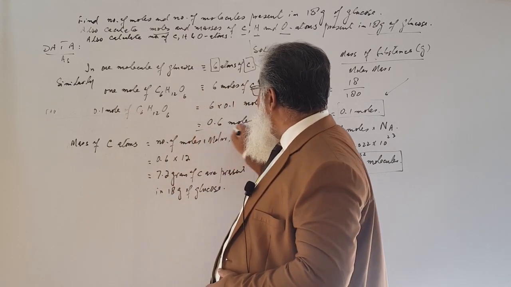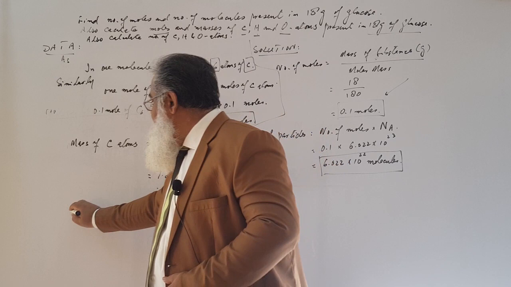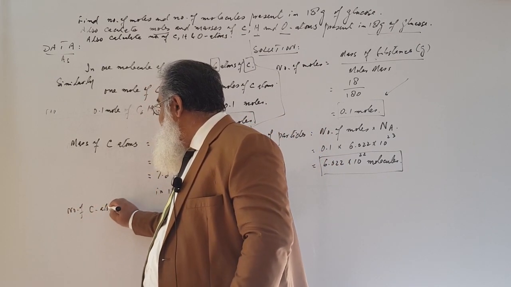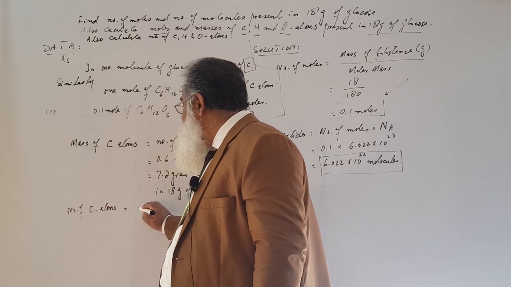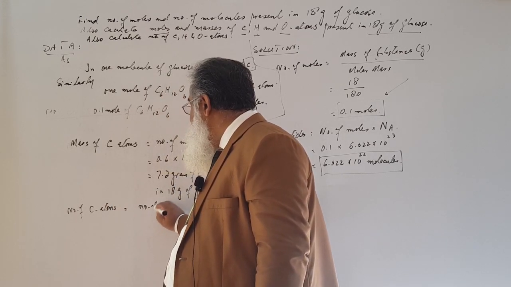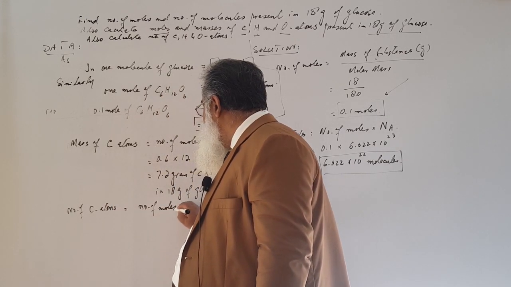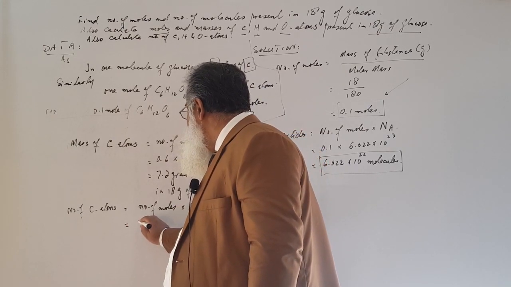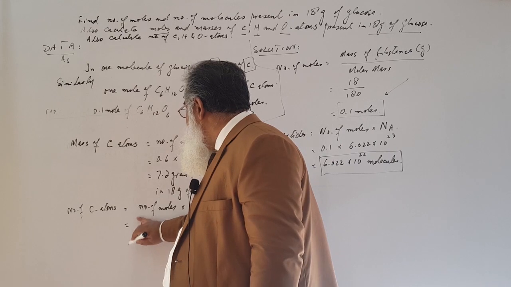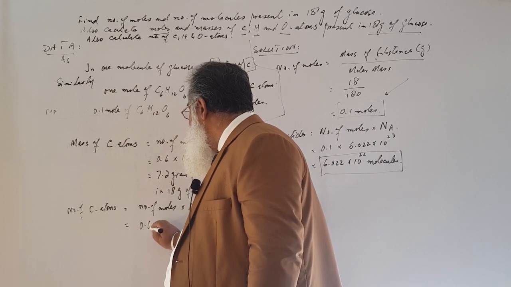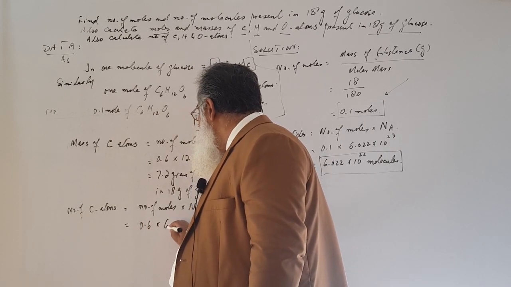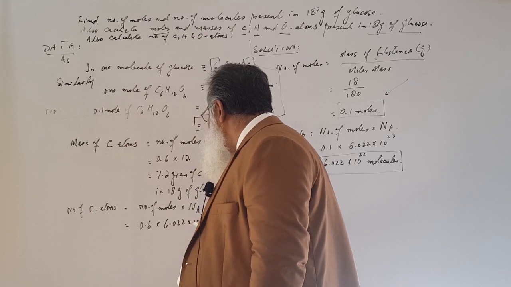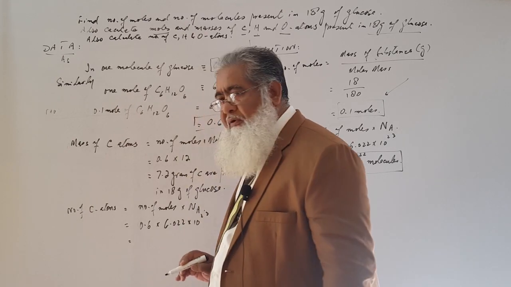Then, after finding the number of moles, the number of carbon atoms is equal to number of moles into Avogadro's number. Hence, number of moles is 0.6. Value of Avogadro's number 6.022 × 10 raised to power 23.